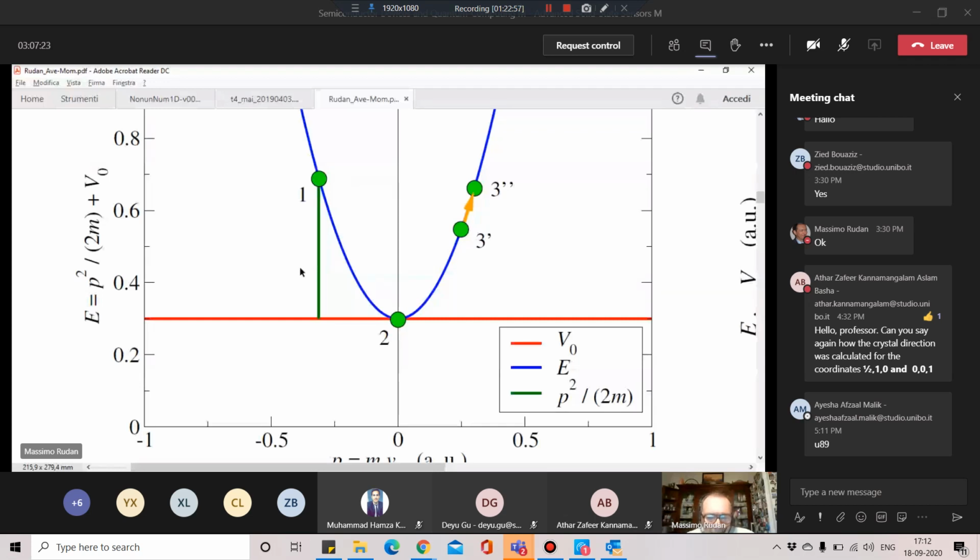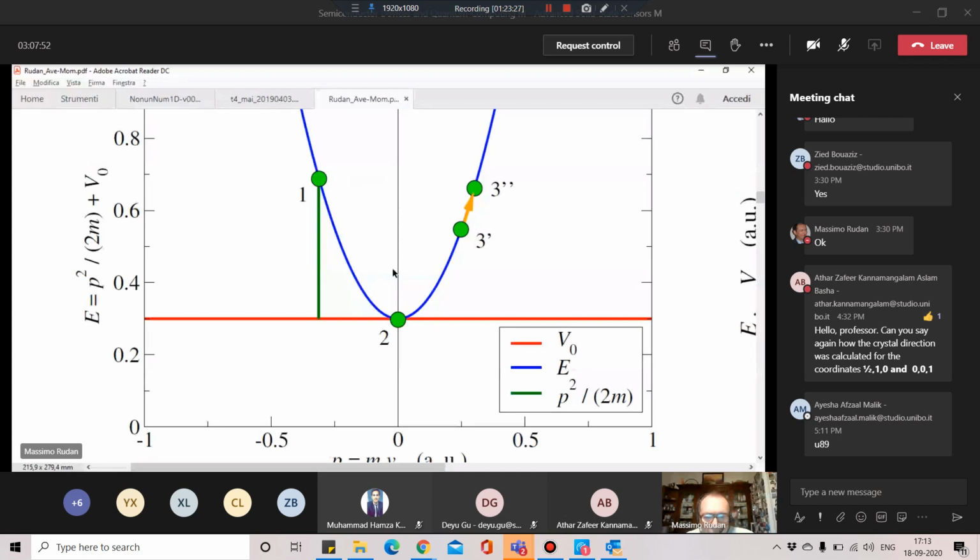Remember, if a particle is subjected to no force, the velocity of the particle does not change. So the green dot represents the dynamics of the particle forever, or at least as long as the particle will not be subjected to some external perturbation that will change its motion.